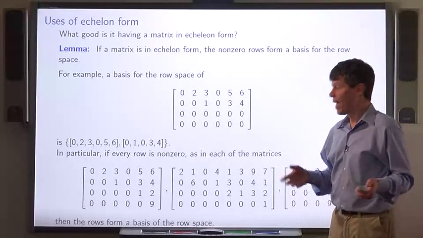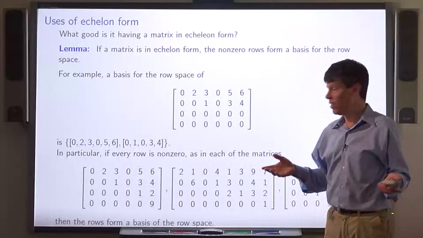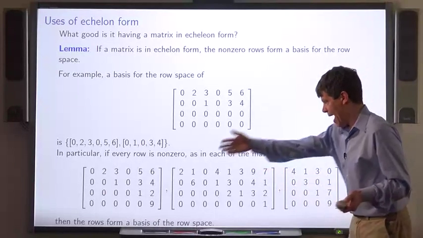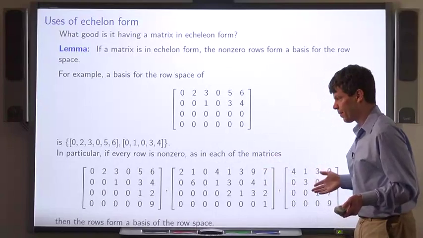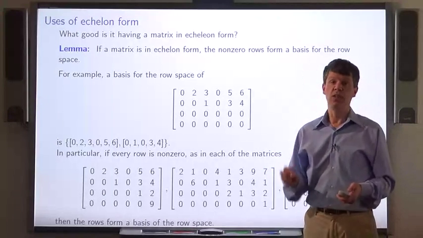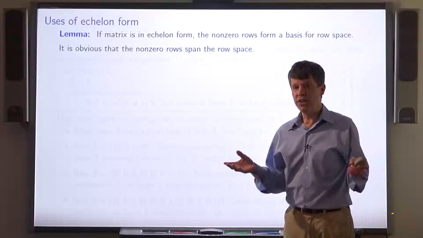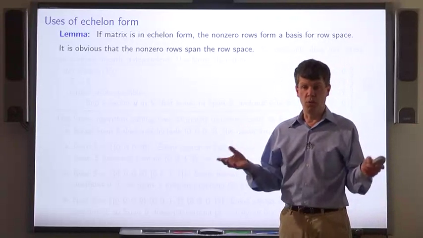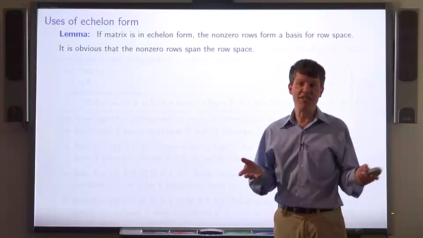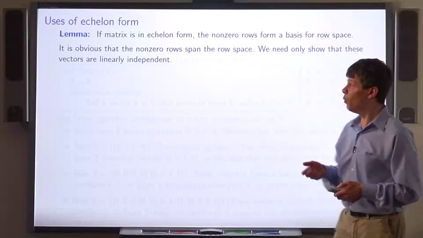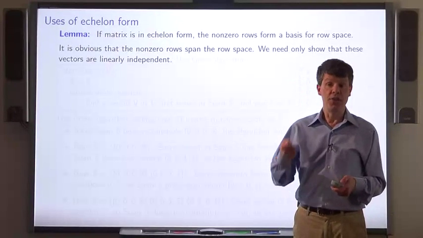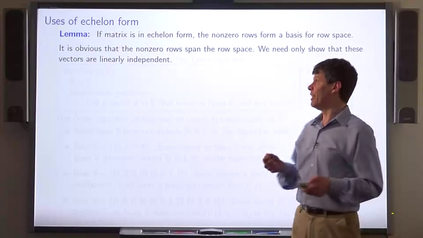In particular, if every row is non-zero, as in these matrices, then the rows form a basis for the row space. We know that the rows generate the row space of the matrix. That's the definition of row space. So what we'd have to show is that the non-zero vectors are linearly independent.